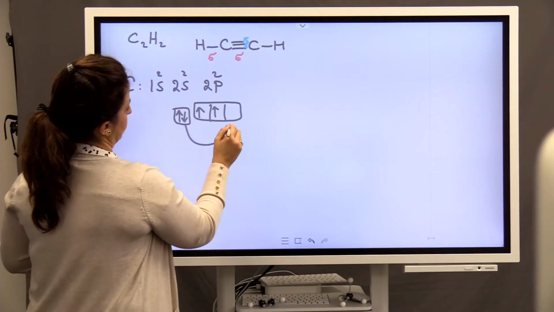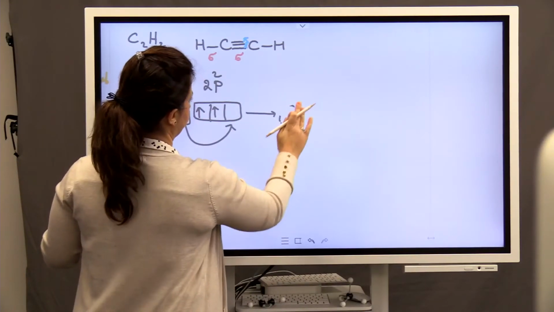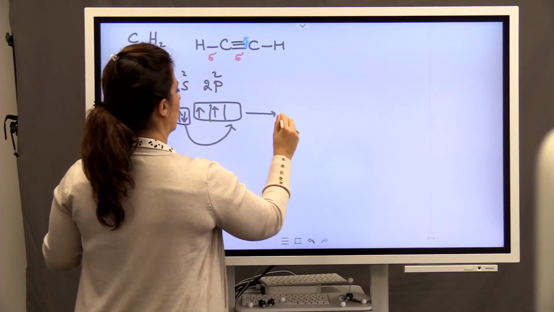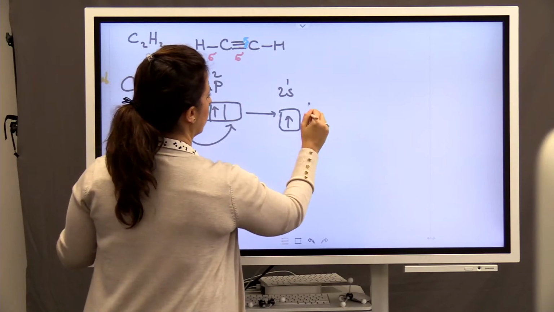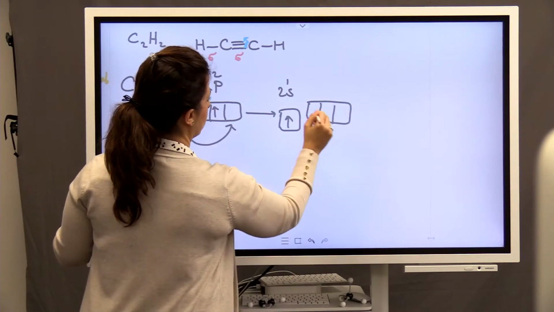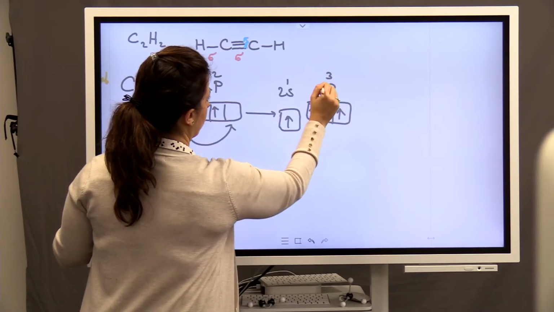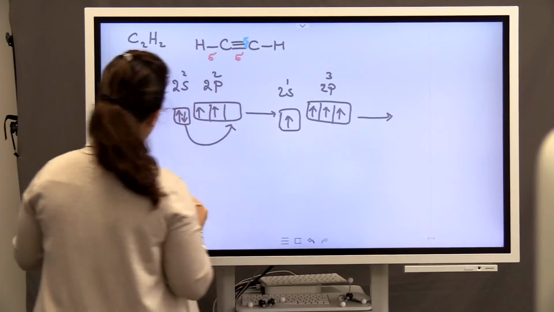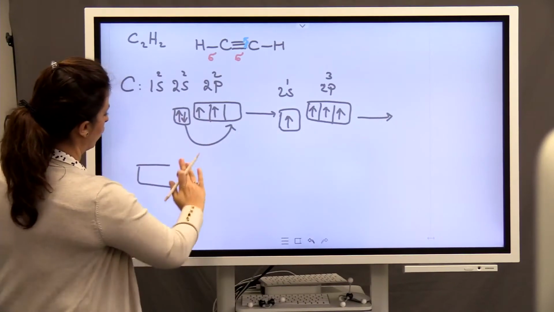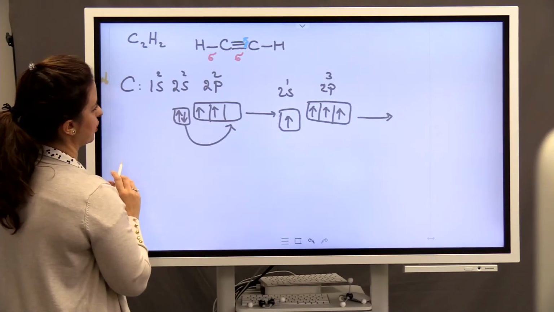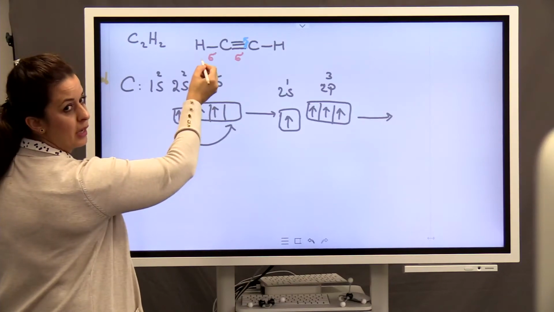So again, an electron jumps from 2s to 2p. We will have 2s1 only and 2p3. Okay, degeneration happens. How many of the orbitals do we need for hybridization to form sigma bonds?